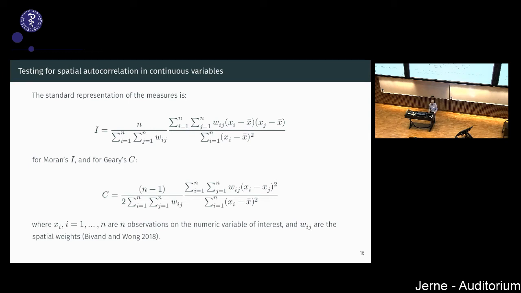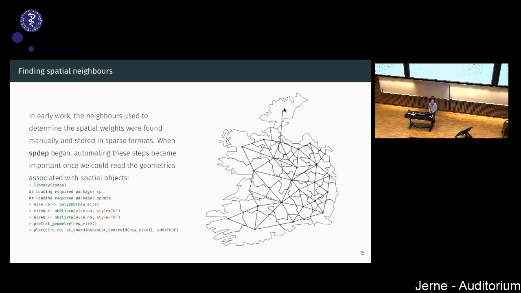There are a number of standard tests, so that Geary's C, Moran's I. They're from the late 40s, early 50s. The idea being to find out how likely it is that neighbors are more similar to each other than non-neighbors. So in the Geary test, you're looking at the spatial weights: if you're not a neighbor, the spatial weight is 0.